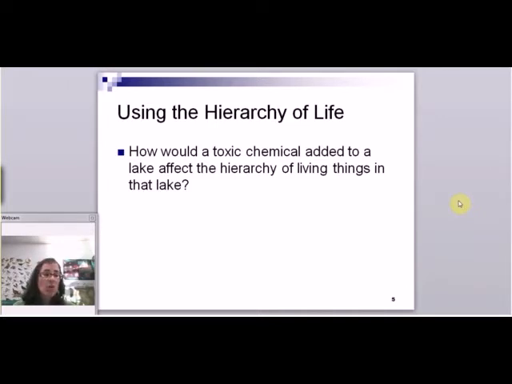If there are too many rodents, they eat too much of the plant matter and too many of the bugs. There can be all of these domino effects from something like that. You can only really understand them if you have this mentality of thinking about the hierarchy of life, either to understand what went wrong with something like DDT, or hopefully to think about something like that before it becomes a problem.